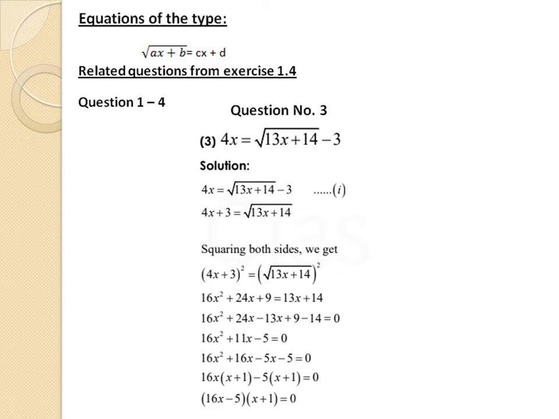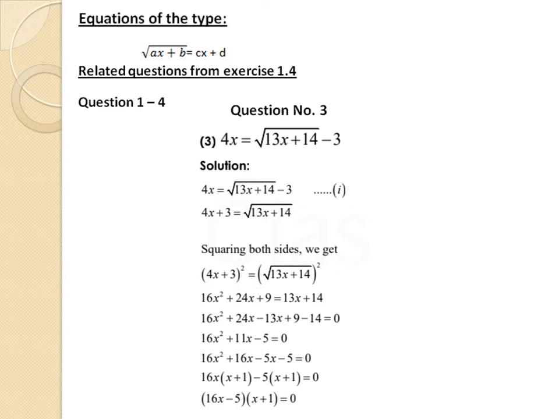If you observe this equation, students, we have two linear expressions on each side of equation. The one is 4x plus 3 and the other is 13x plus 14, and one linear expression out of these two is written under the square root sign. So it confirms that our given radical equation is of type 1.